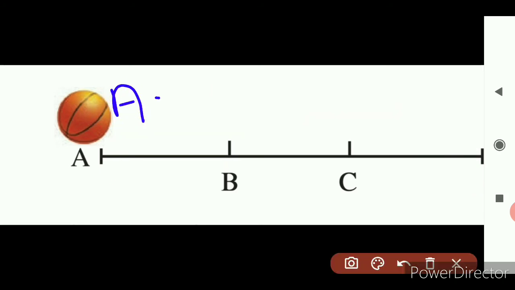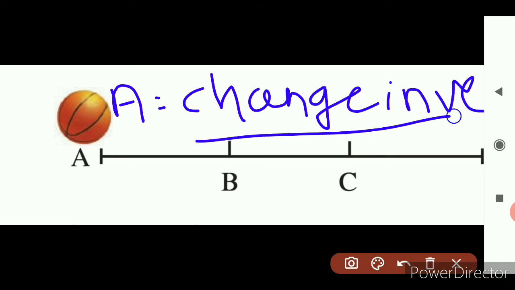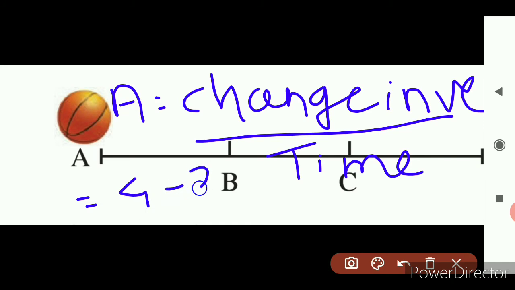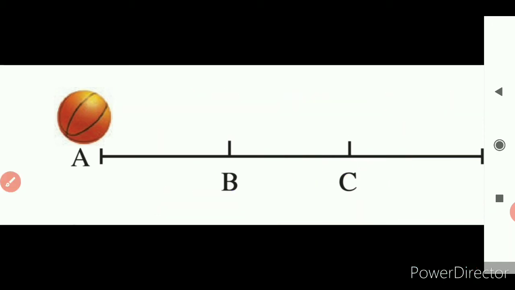Acceleration is equal to change in velocity upon time. So what is the change? It became 4 and the initial was 2, and it takes 2 seconds. So 4 minus 2 is equal to 2, upon 2, is equal to 1 meter per second square, which is the acceleration of the ball.